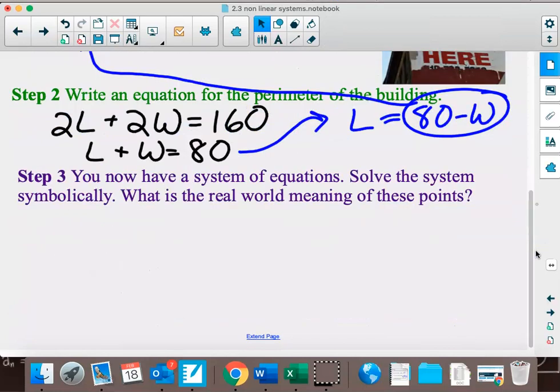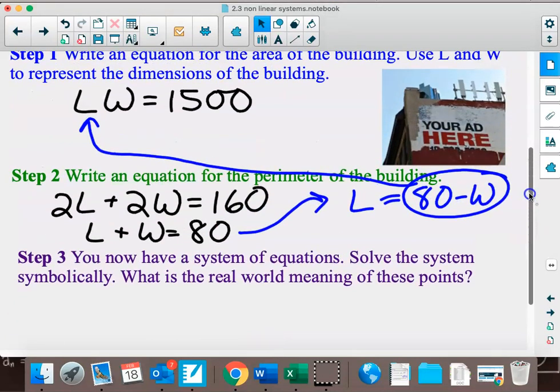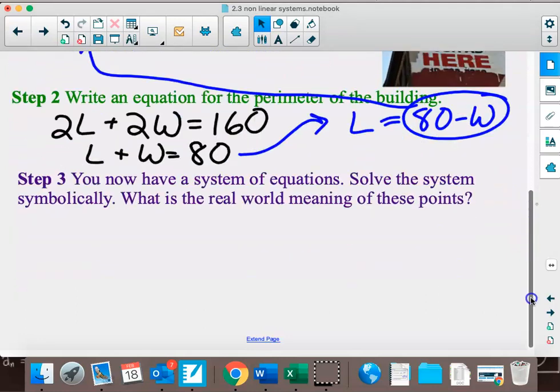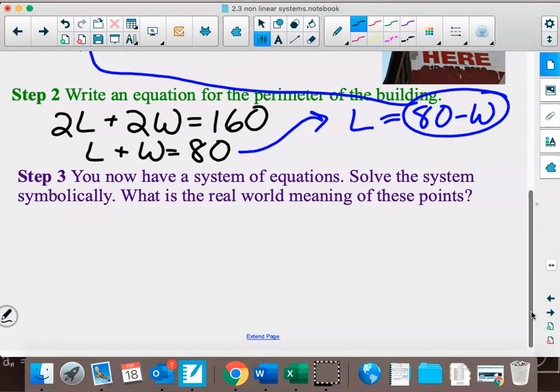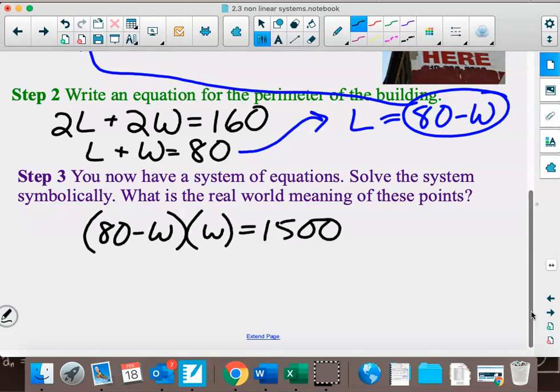All right. So if I take the L and I substitute it in, I get 80 minus W times W. 80 minus W times W is 1,500. What do I have to do first? Distribute. And I love that you're using the word distribute. 80W minus W squared equals 1,500.